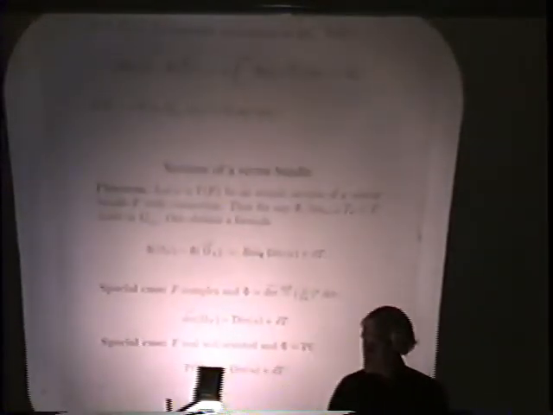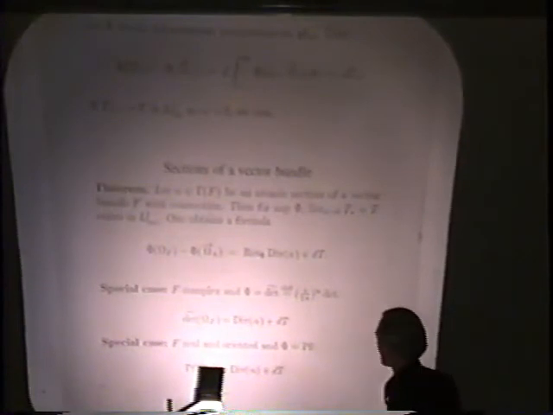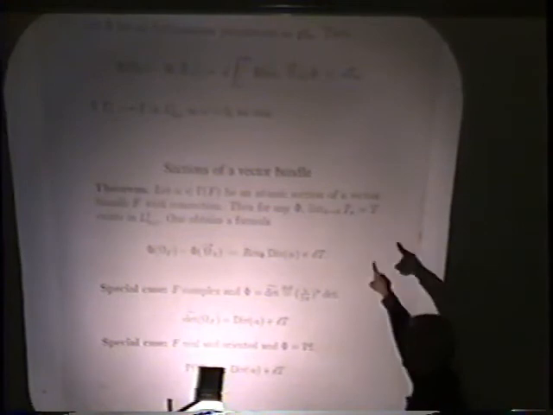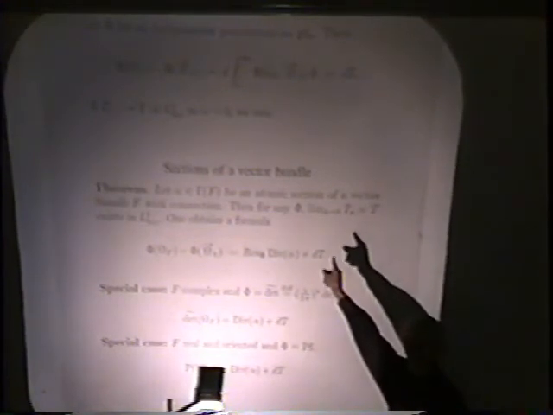Now, if you do this for sections of a vector bundle, it works wonderfully well. There's a very general formula, and the first theorem is that if you have a section which is atomic in the sense that I described it, then this family always does converge in L1 loc, and you always do have a formula.